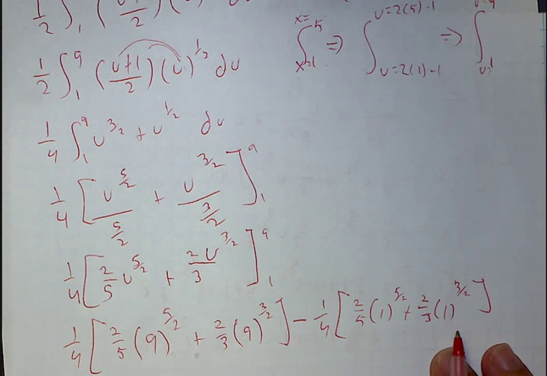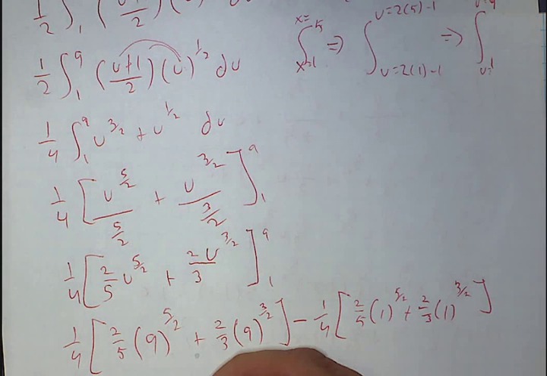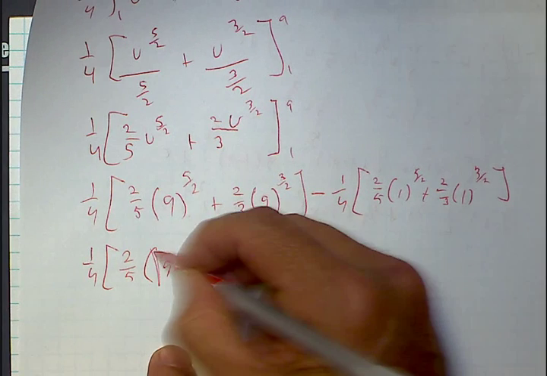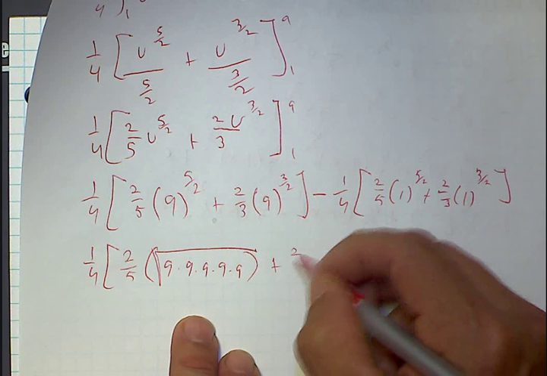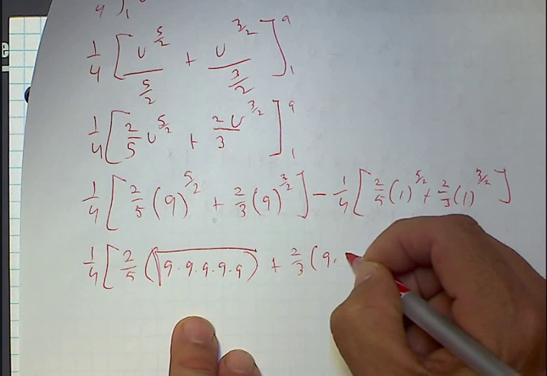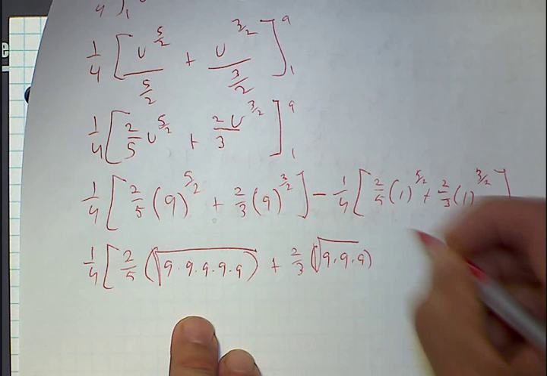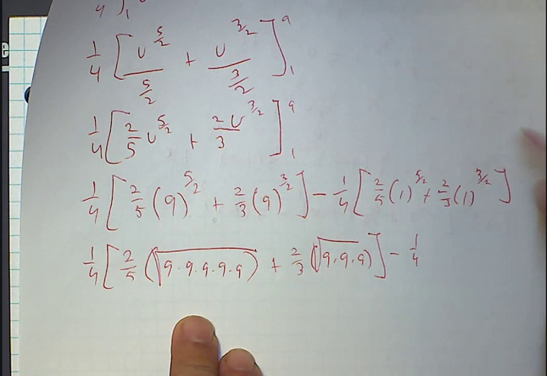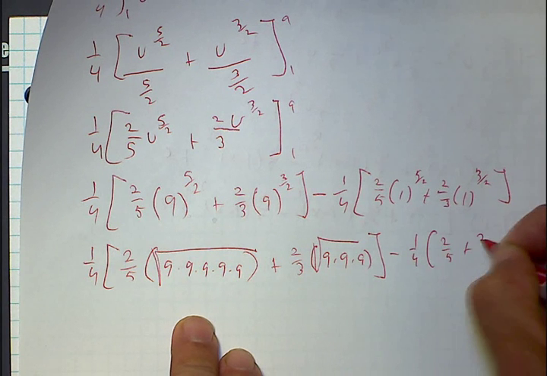All right. 2/5 of 9 to the 5/2, rather. That is going to be, without a calculator, 9 times 9 times 9 times 9 times 9, and I want to square root that, plus 2/3 of 9 times 9 times 9, I want to square root that, minus 1/4 of 2/5 plus 2/3.